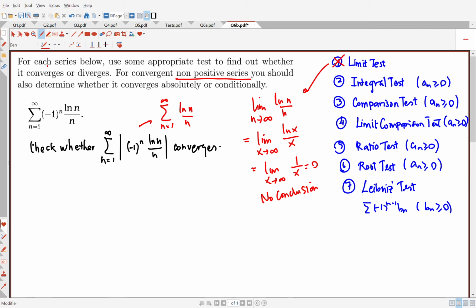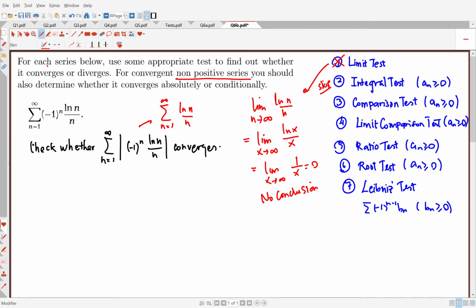For integral test, looks like we can use integral test, but I will choose to skip this because integral test is the most tedious one. It is the longest one. So if I see that I cannot use the rest, I will go back to integral test. Okay. So now let's see whether we can use comparison test or not.